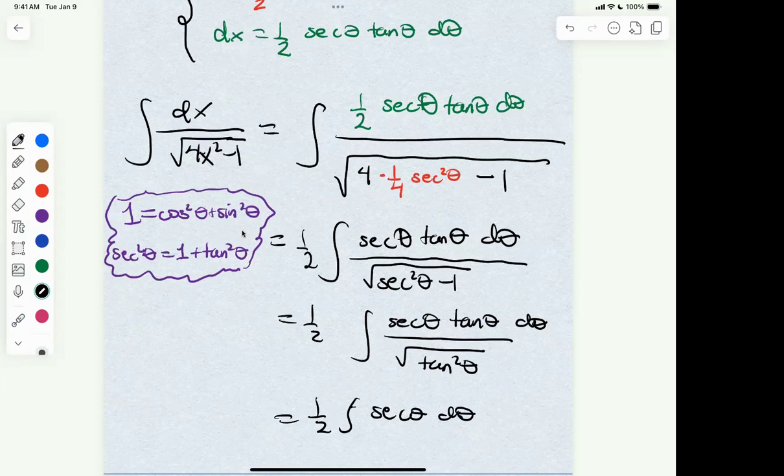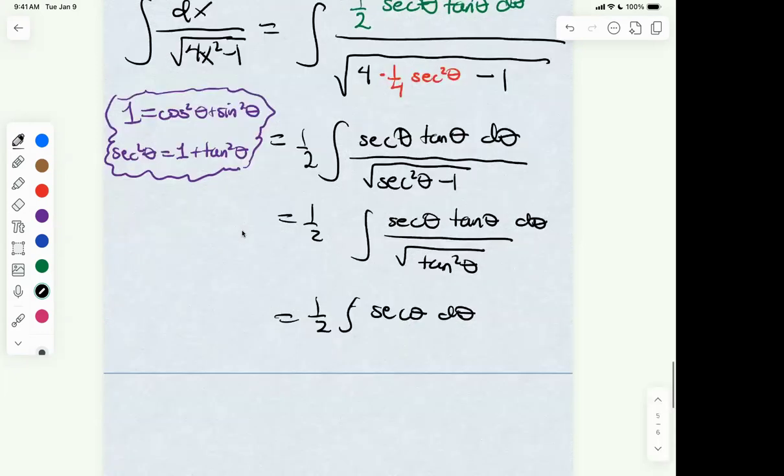There's a horrendous trick in Calc 1 to find that. It's a very clever trick for the antiderivative of secant: you multiply by secant plus tangent on both top and bottom, and that's how you end up finding the natural log of secant plus tangent. That one is really shady, but because it will appear multiple times, that's the only reason why I would expect you to memorize it.